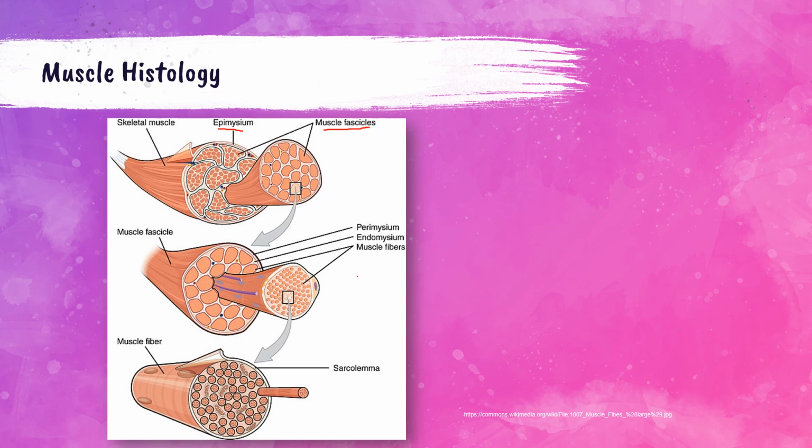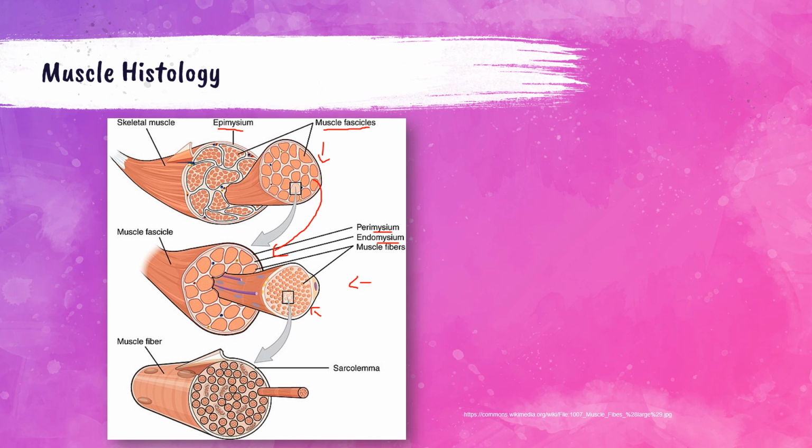Now the middle drawing shows a muscle fascicle, right? So the perimysium and the endomysium are visible here. The perimysium is that dense layer of collagen that surrounds the fascicles, and the endomysium is the network of fine collagen fibers that separate the muscle fibers. Inside here shows the individual muscle fibers.